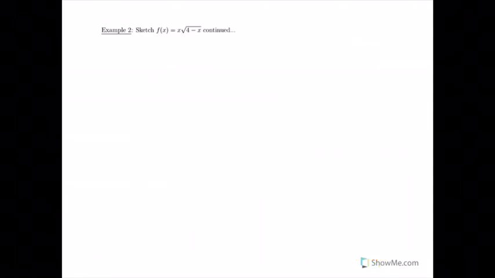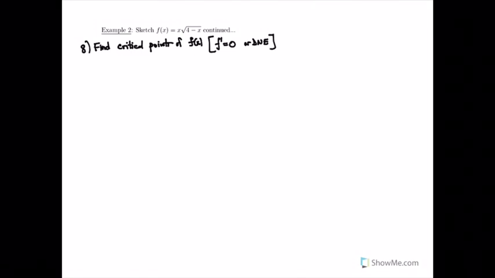All right, let's continue. Now we're going to look at critical points. So we're going to find the critical points of f, and that is setting the derivative equal to 0 or finding when it does not exist. So here we need to find the derivative of x times square root of 4 minus x.